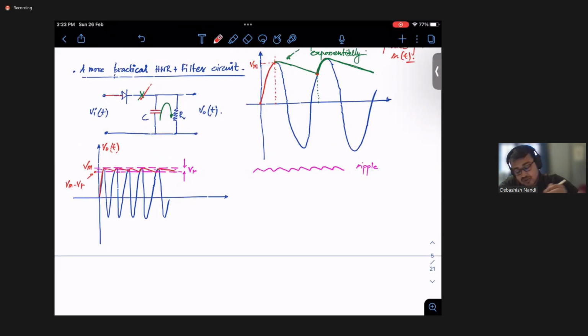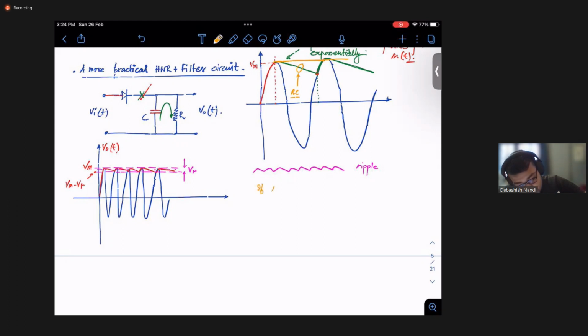We can achieve that, as we know this is an exponential decay, right? So you want the circuit to behave like this, ideally, right? And what will this decay depend on? This decay will depend on my time constant, RC, right?